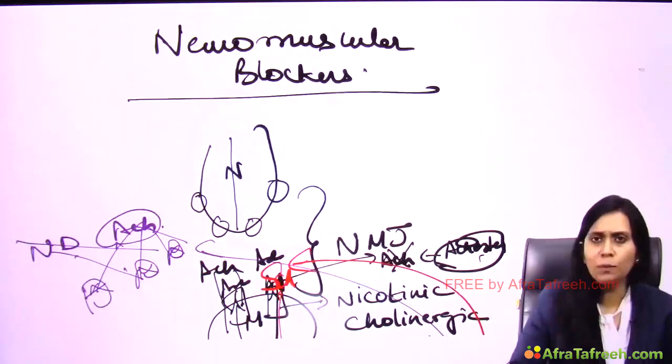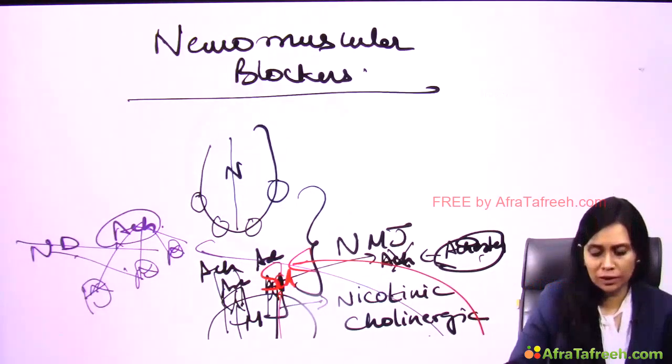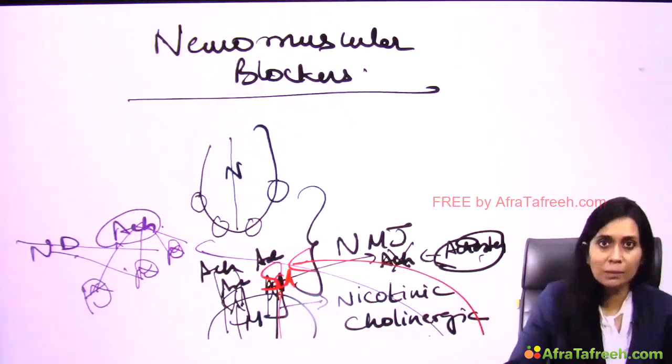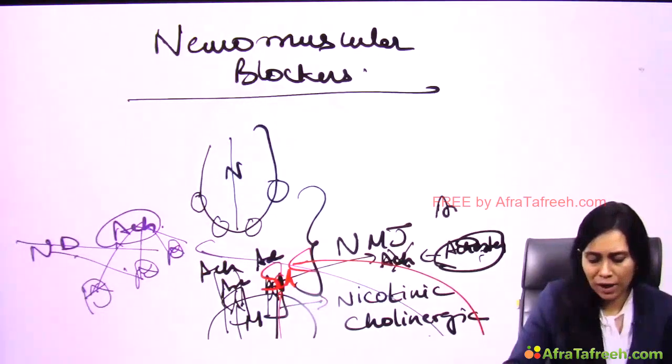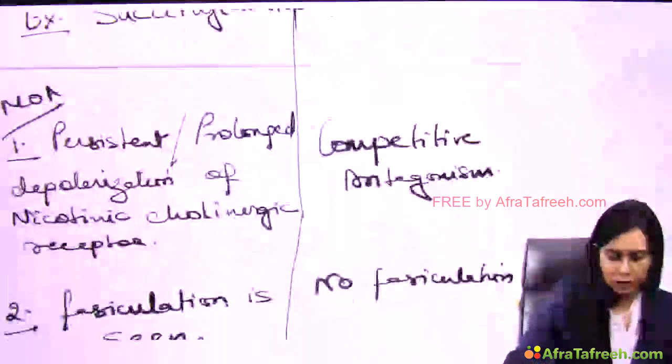If I stop the action of this enzyme temporarily, I can recruit the quantity of acetylcholine by stopping its metabolism. Acetylcholine will increase in quantity and the reversal from non-depolarizing is possible. An example of an anti-acetylcholinesterase is neostigmine. So reversal by neostigmine is only seen with non-depolarizing.